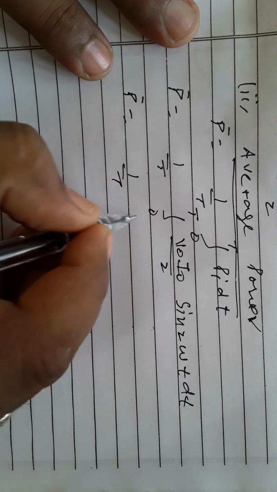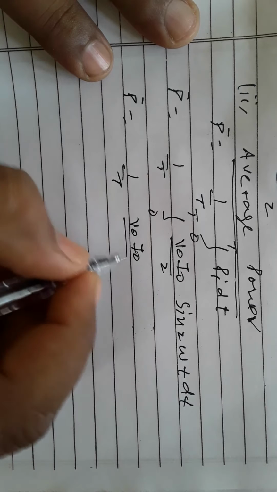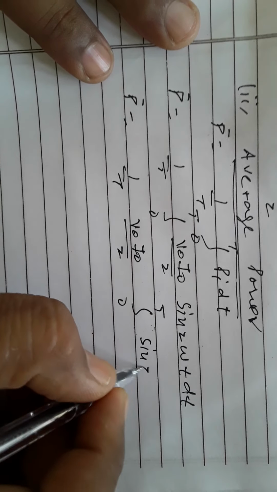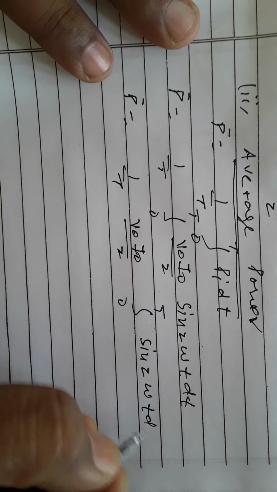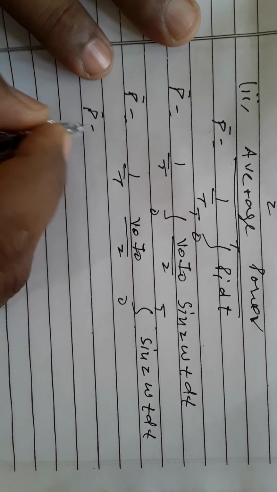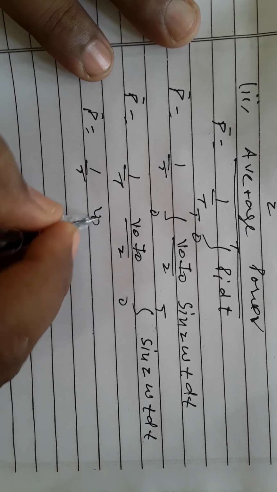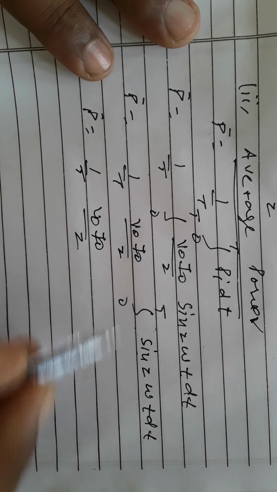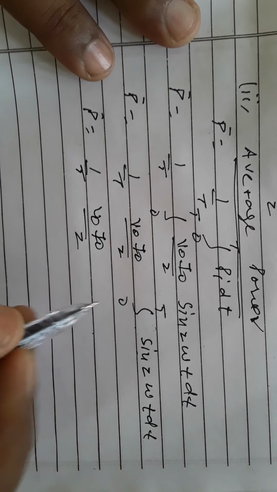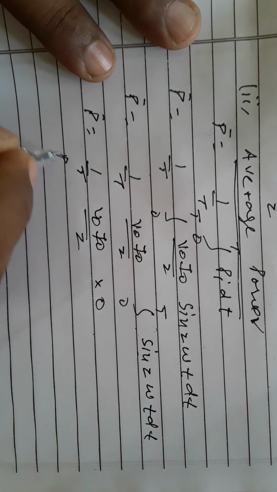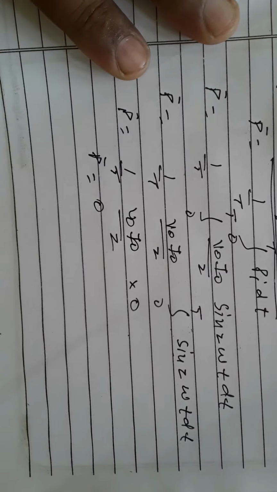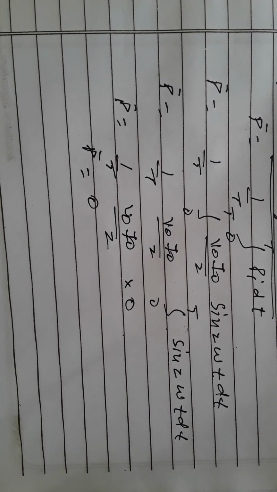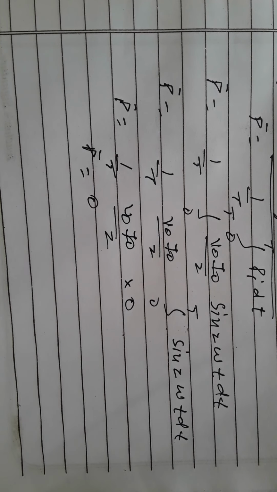So P bar is 1 by T times V naught I naught by 2 times the integral from 0 to T of sin 2 omega t dt. The integration of sin 2 omega t within limits 0 to T is 0. So the average power consumed will be 0. Remember, in a capacitor and an inductor, the average power consumed is always 0.